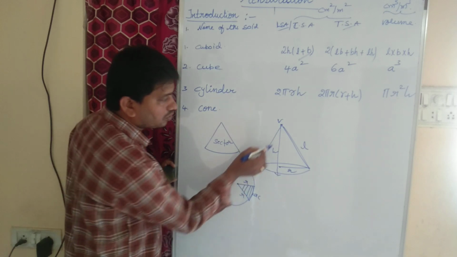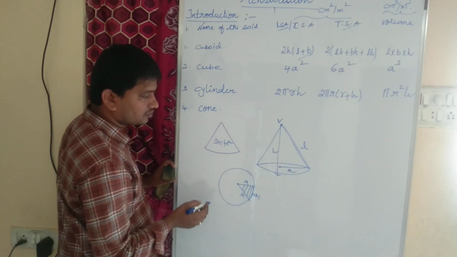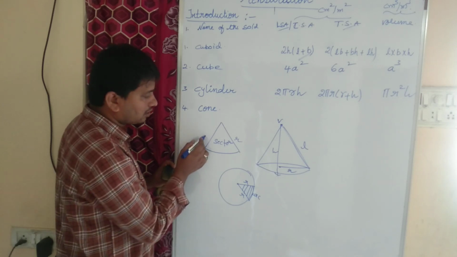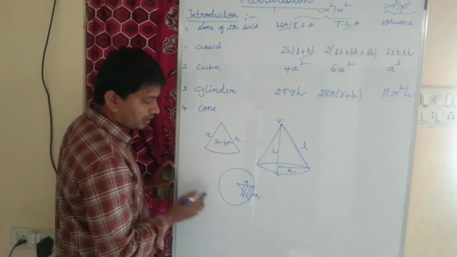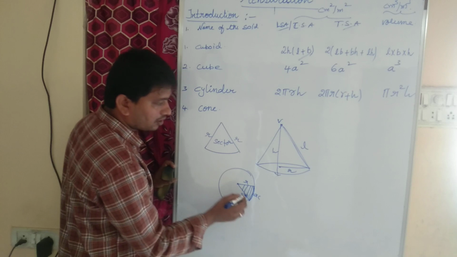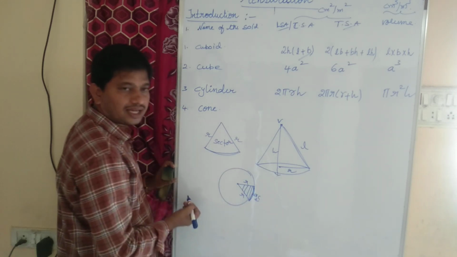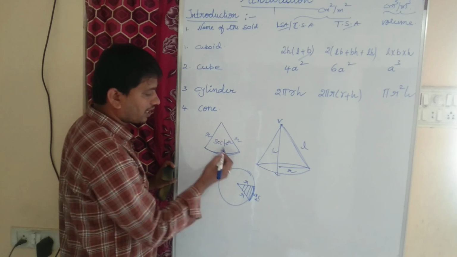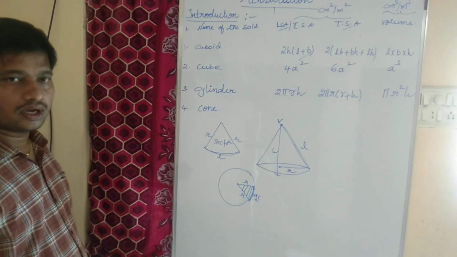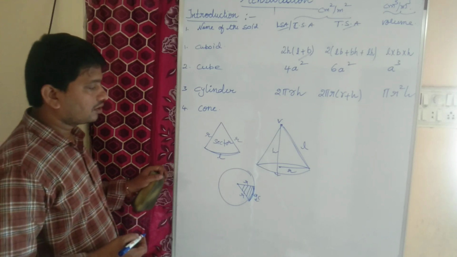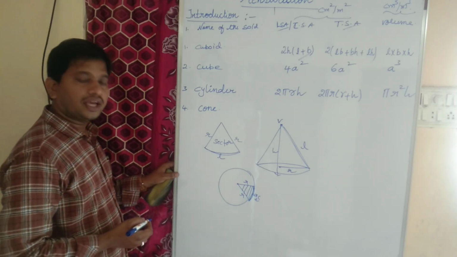So as I told you, this is our slant height. So slant height becomes what? Radius. This is also radius, and this arc is nothing but the length of the arc, which is L. So we know, what is the area of sector?